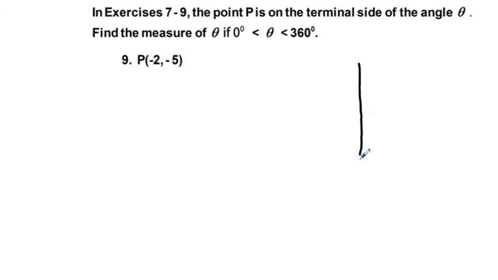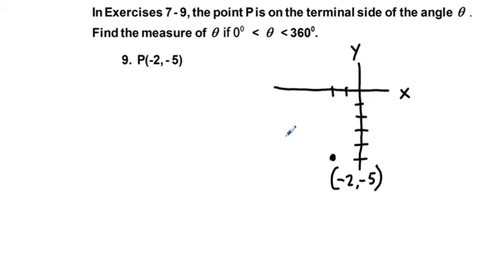We draw an x and y coordinate plane. Put x here, y here, and -2. So that's x is -2, and y is -1, 2, 3, 4, 5. And so we have down here in quadrant 3, -2, comma, -5.